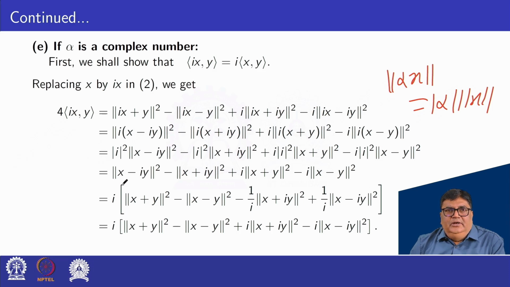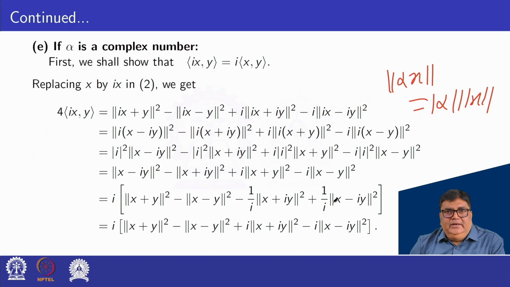Now taking i common, we have this term first: the norm of x plus y squared minus the norm of x minus y squared, then minus 1 upon i times the norm of x plus iy squared, plus 1 upon i times the norm of x minus iy squared.